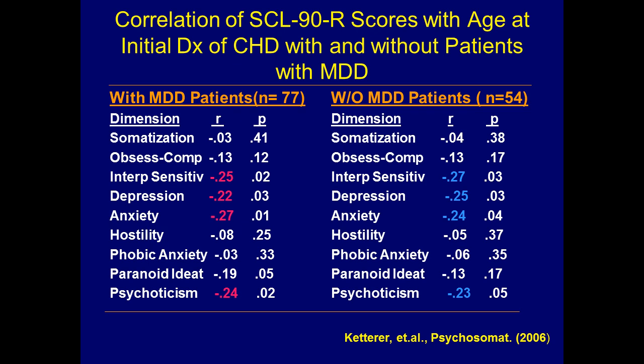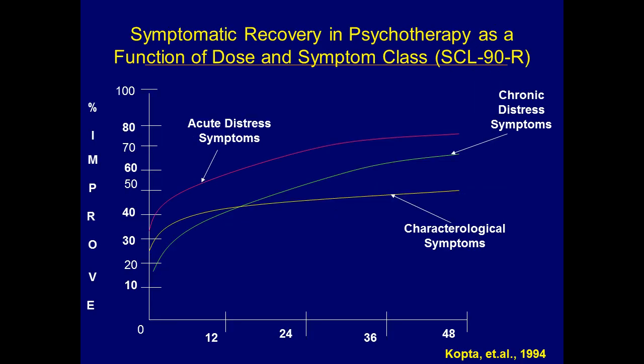This is a unique study that only a couple have been reported, probably because it's so much work to do, by Kopta and Joitler and a number of other investigators, on symptomatic recovery in psychotherapy as a function of dose of psychotherapy, that is, and symptom class.